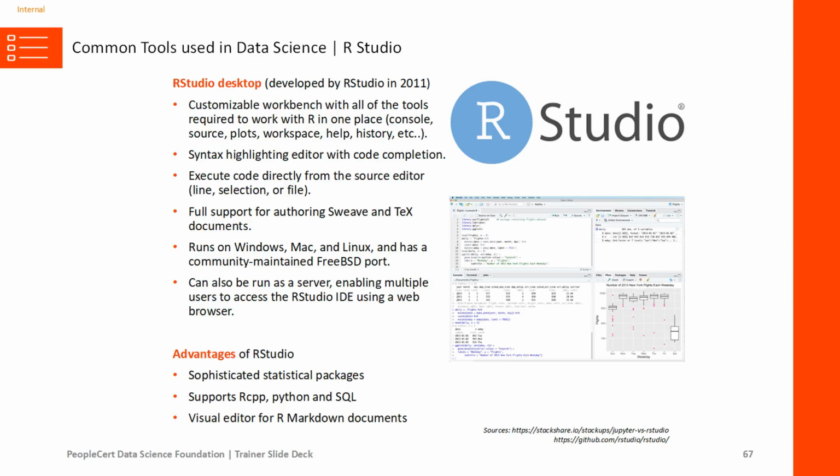It runs on Windows, Mac, Linux, or any other operating system, and it is maintained by the FreeBSD port. You can also run it as a server, which enables multiple users to access the RStudio IDE using a web browser. So the web browser is again one of the ways by which you can use RStudio.